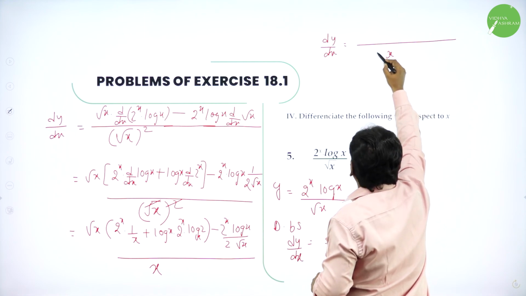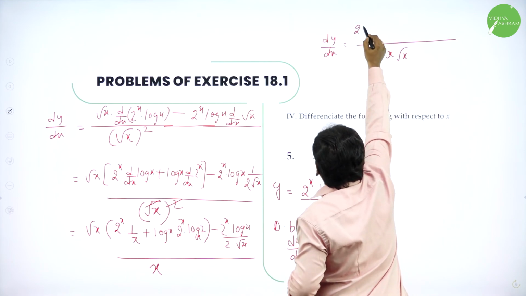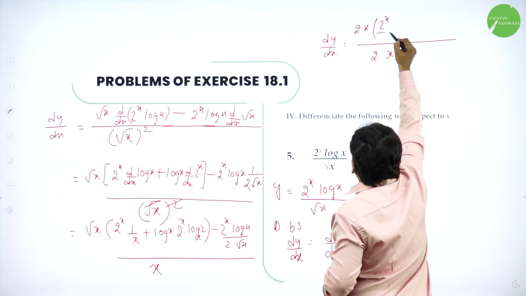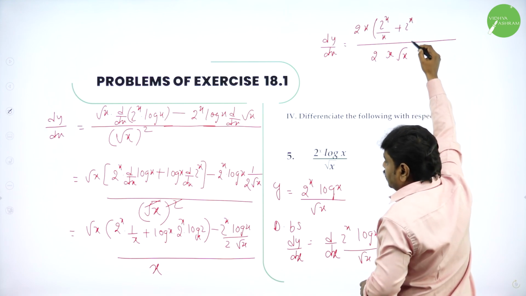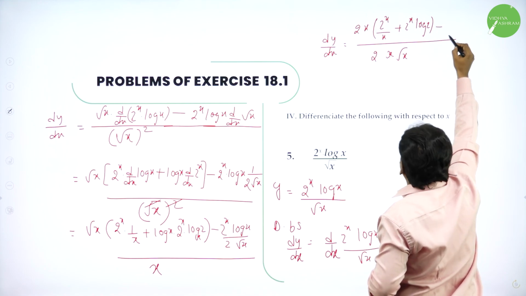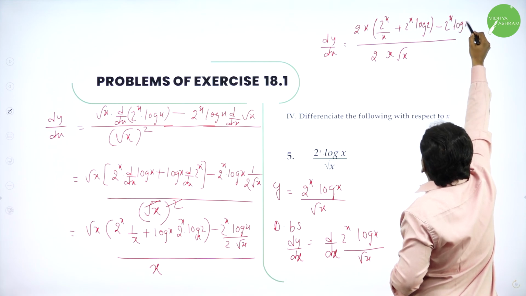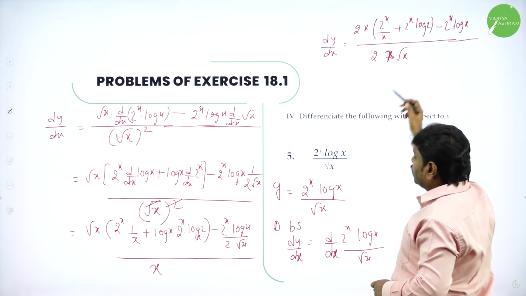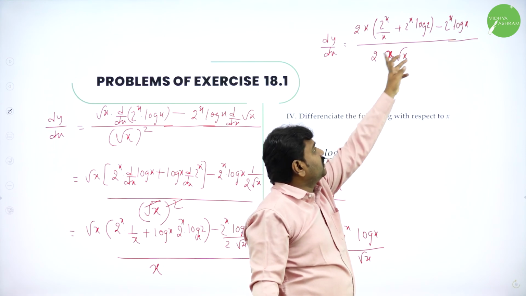Remaining part becomes, in the numerator, 2 root x into root x becomes 2x into 2 power x by x, plus 2 power x log 2, minus 2 power x log x, whole thing with 2 root x coming to the denominator. Earlier we had only x, so 2 root x will be the denominator.